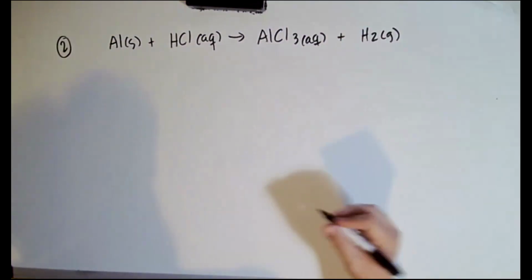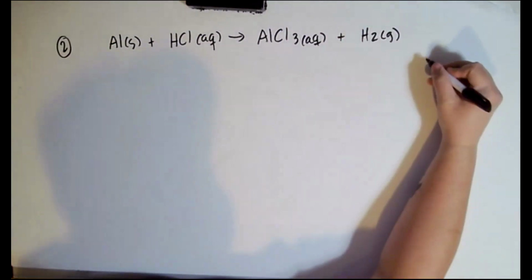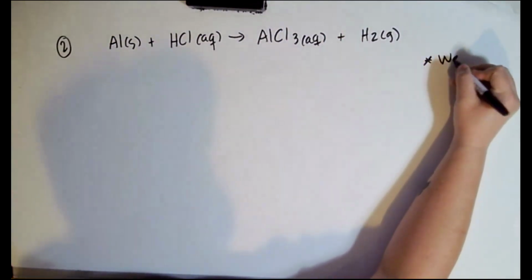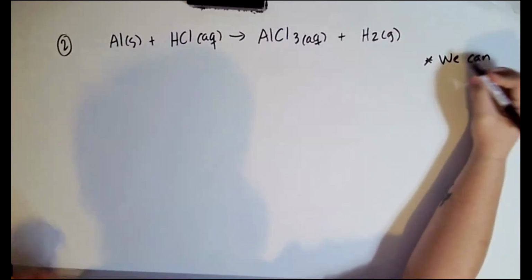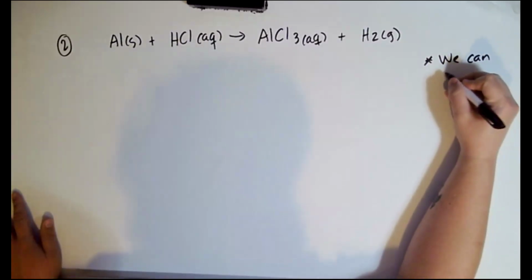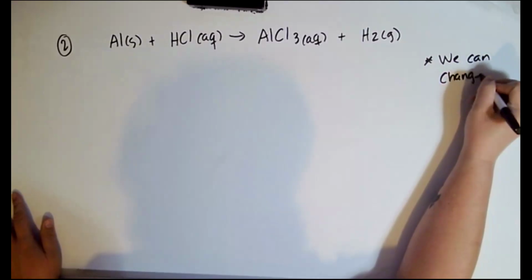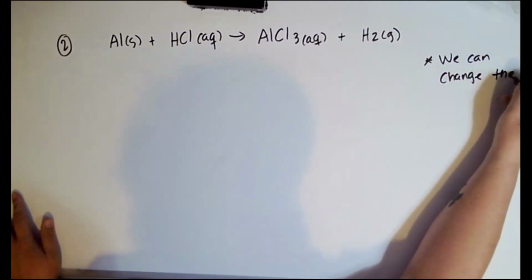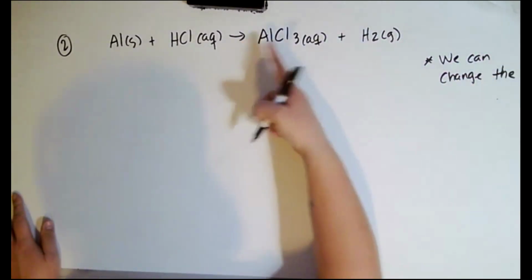So remember our main rule when we're balancing chemical reactions is that we can change coefficients, which are the things that are in front of the compounds.